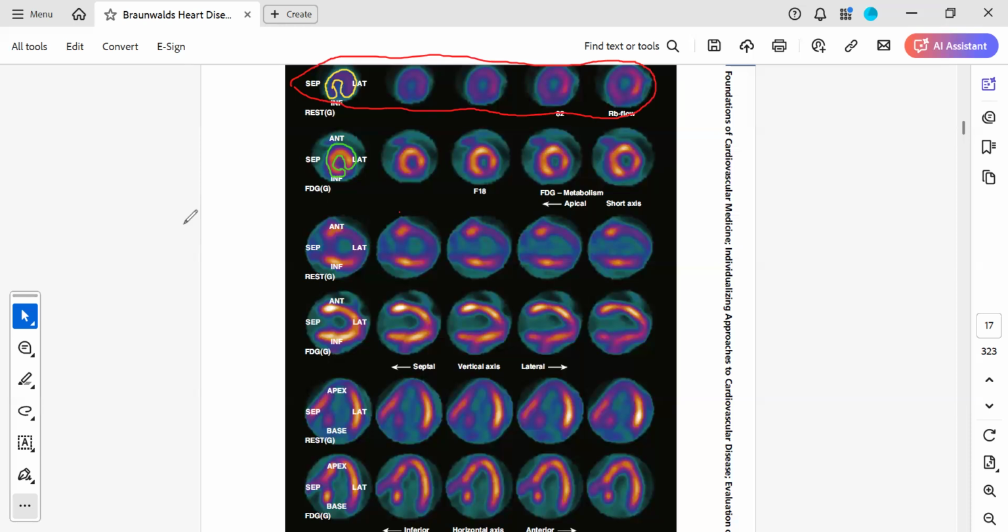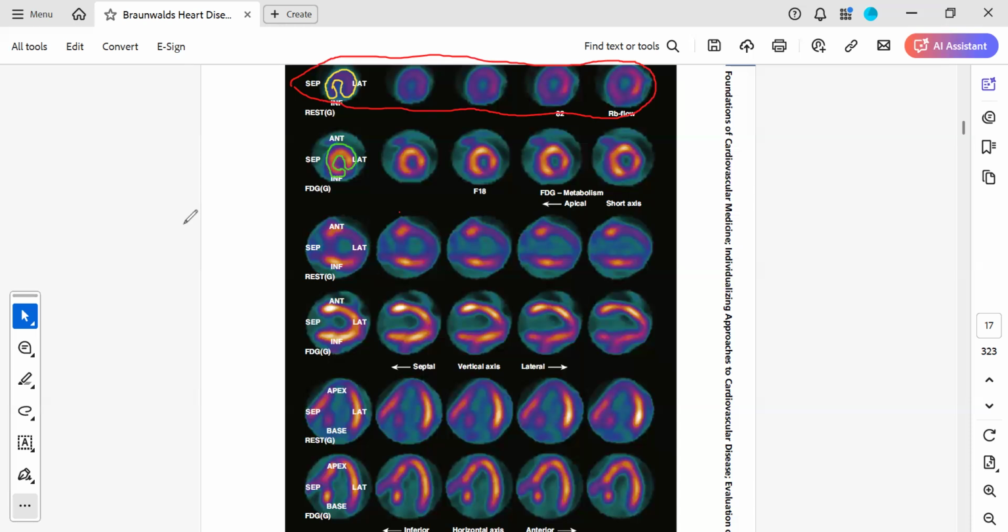But when we give an agent that is metabolically active, the tissue that we think is not perfused is using up the glucose. So that means that the tissue is not yet dead, it's still viable. So you can see how we check for viability here.